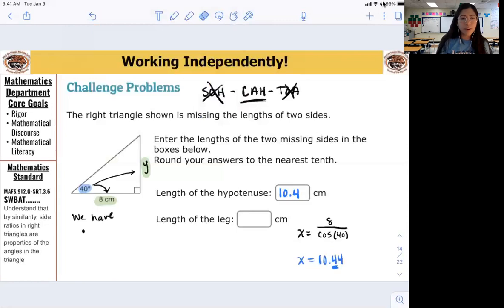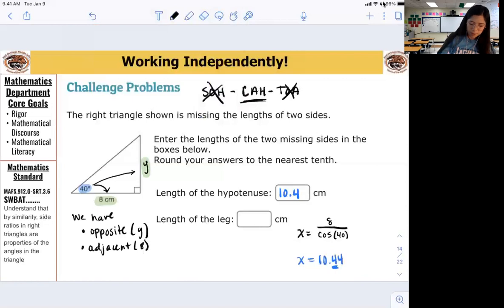So in terms of 40, do I have the opposite side, the adjacent side, or the hypotenuse? SOH CAH TOA, good. We have the opposite, which is Y, and we have the adjacent, which is 8. So that means we can use the tangent.